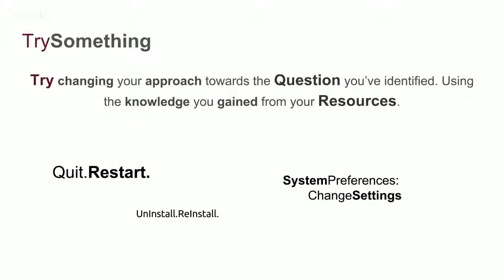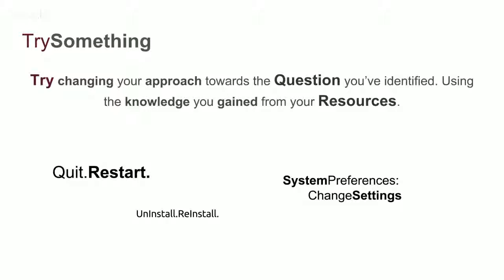After that, we move on to trying something, moving into action, doing something different than you did the first time, and doing it differently. There's some saying about insanity having to do with doing the same thing over and over again and expecting a different result.